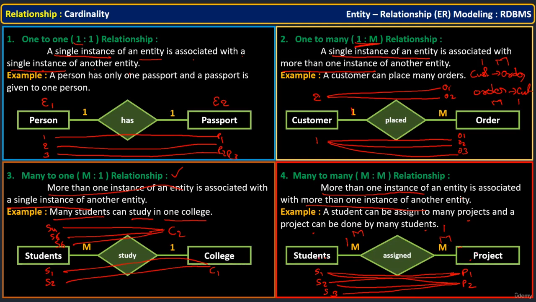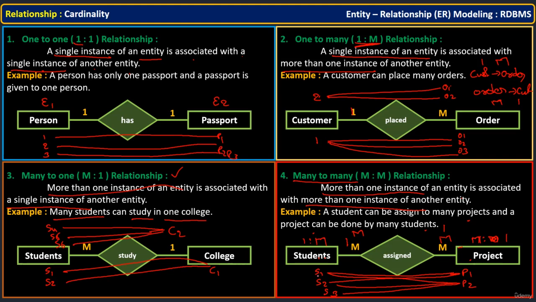Student to project is one to many, and project to student is also one to many, that is many to one. These two together are called a many-to-many relationship. This is somewhat tricky, so don't get confused.